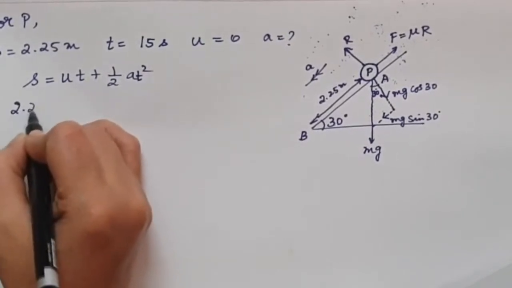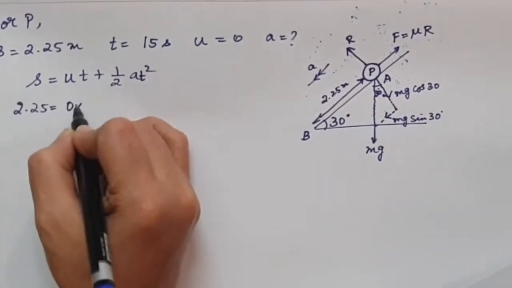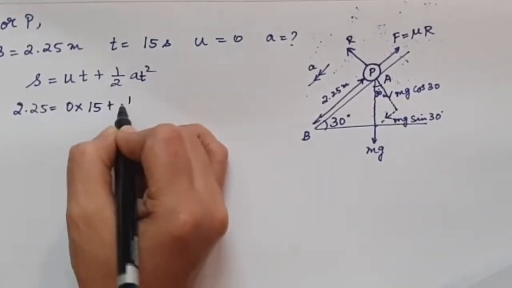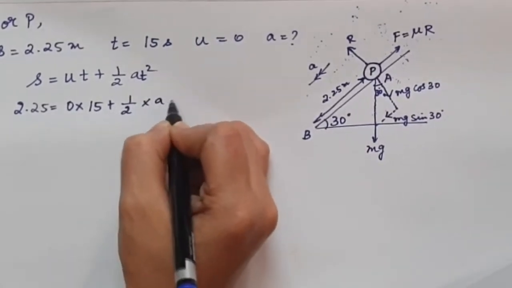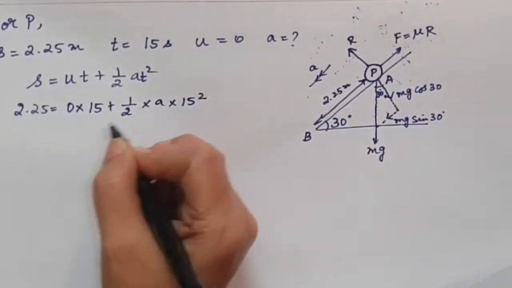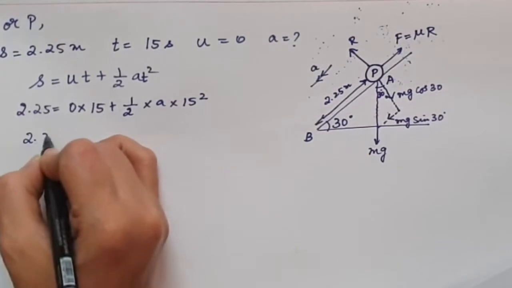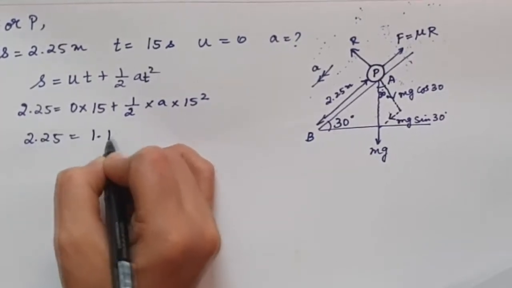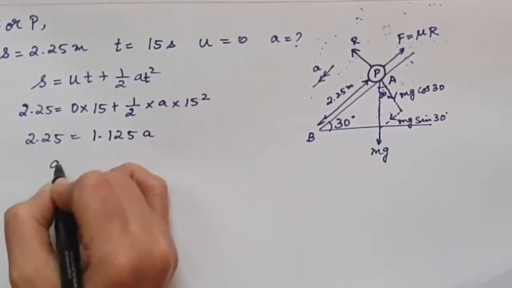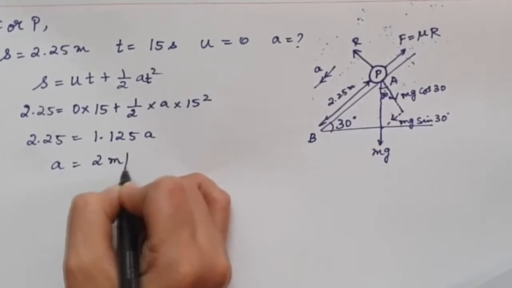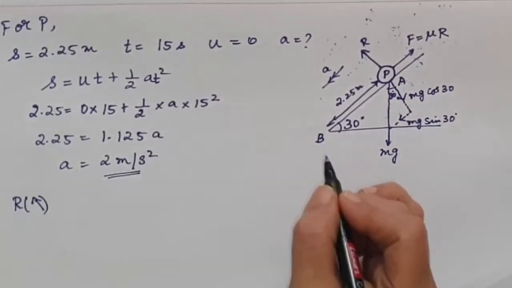So 2.25 will be equal to 0 into 1.5 plus half into a into 1.5 squared. So 2.25 will be equal to 1.125 a. So a equal to 2 meters per second squared.